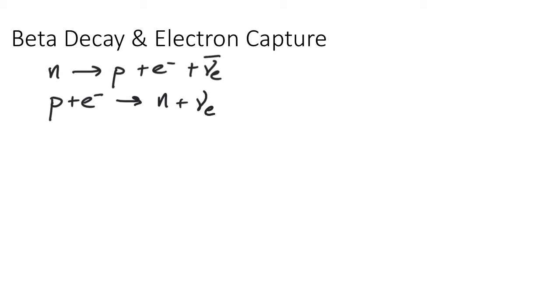This is called inverse beta decay, but it won't happen unless we add energy. If we shoot the electrons into the protons, then we can create this interaction. However, in the nucleus, we can sometimes take an electron from the atom, combine it with a proton to create a neutron, using available energy to do that.